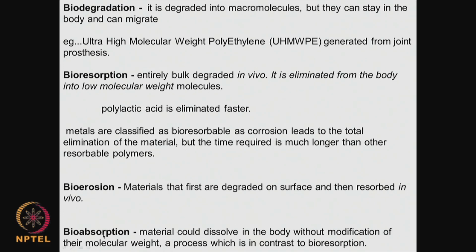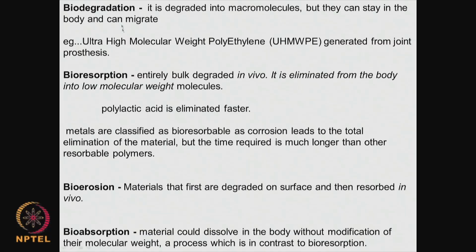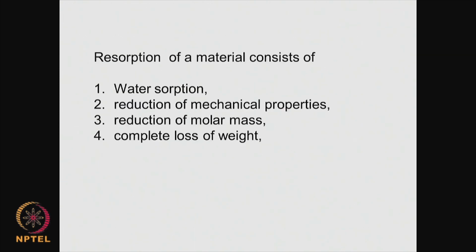Okay. So, these are the different types of changes that could happen to materials that are placed in the body, and as I said it is very important in many situations to have biodegraded or bioresorbed polymeric material as an implant. So, the resorption of a material consists of several factors. How much water gets absorbed, because water may get involved in the hydrolysis reaction.